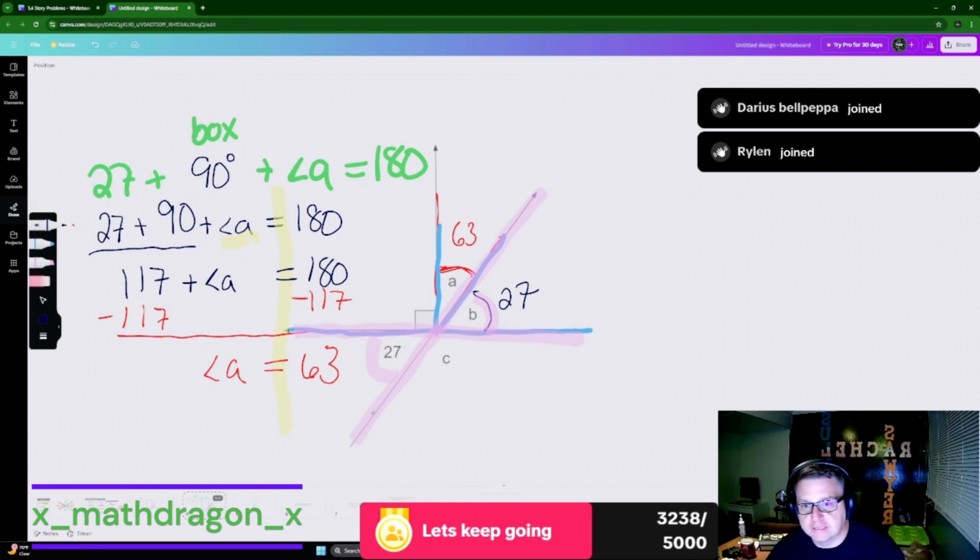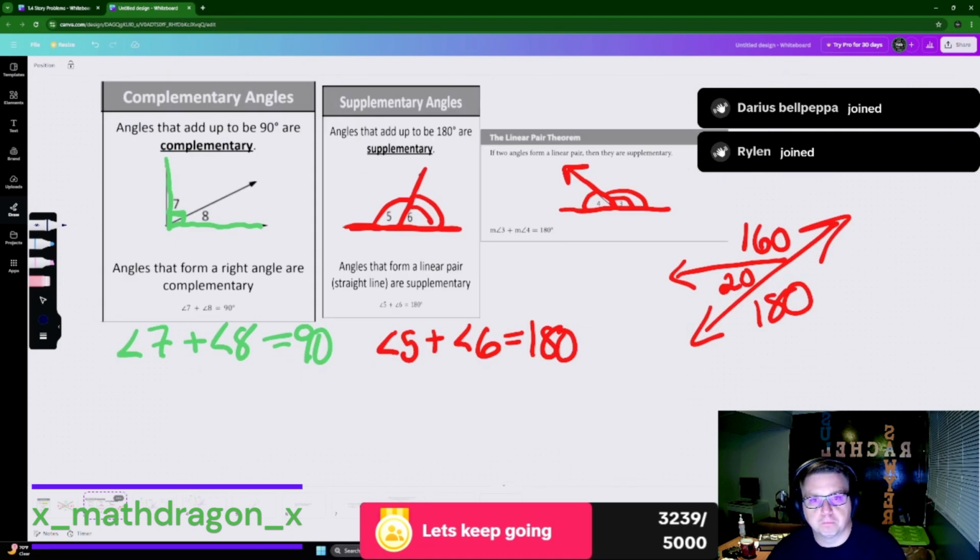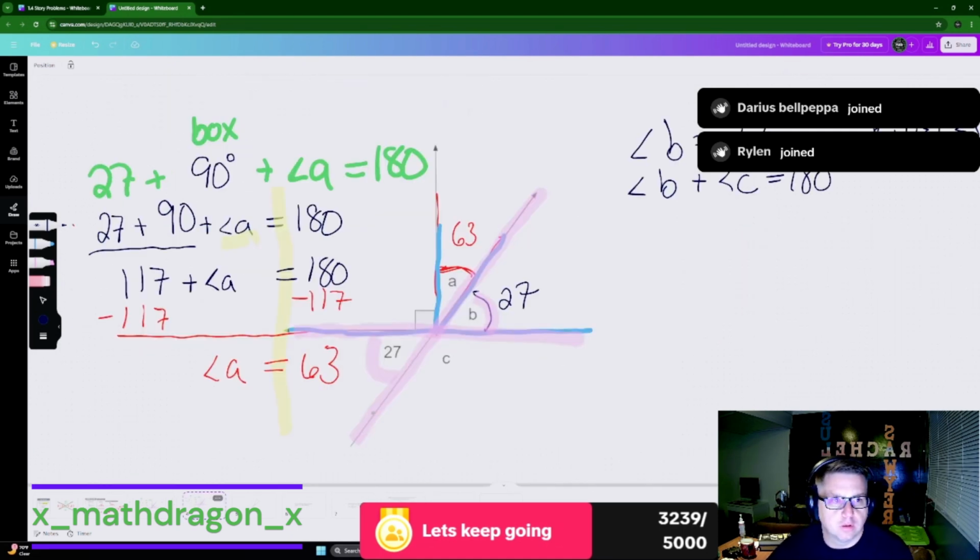So we decided to say that angle B is equal to 27 degrees because of vertical angles. And we know angle B plus angle C equals 180. And you're going to go, well, how do I know that? Because of the linear pair theorem. So we'll say this is a linear pair.